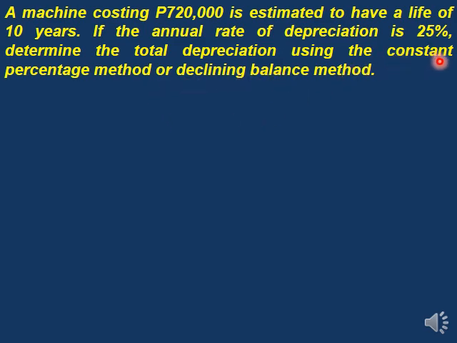Well, constant percentage suggests that it must be the declining balance method. So we first compute the total depreciation: initial cost times (1 minus k) raised to n. To compute the total depreciation, we subtract the book value after n years from the initial cost.